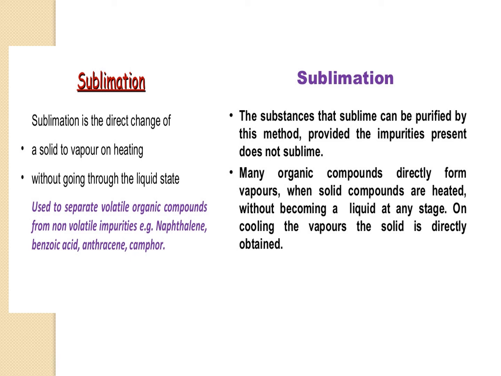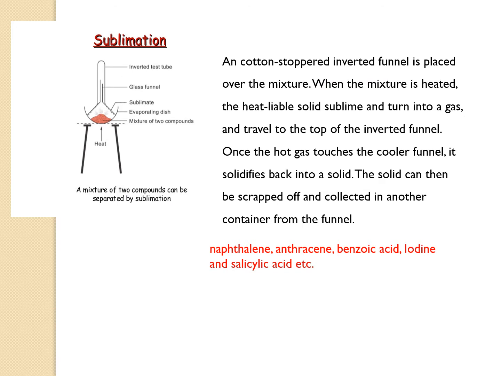Many organic compounds directly form vapors when solid compounds are heated without becoming a liquid at any stage, and on cooling the vapors, the solid is directly obtained. In the sublimation apparatus, we take a mixture of two compounds on a china dish, using a glass funnel and inverted test tube.